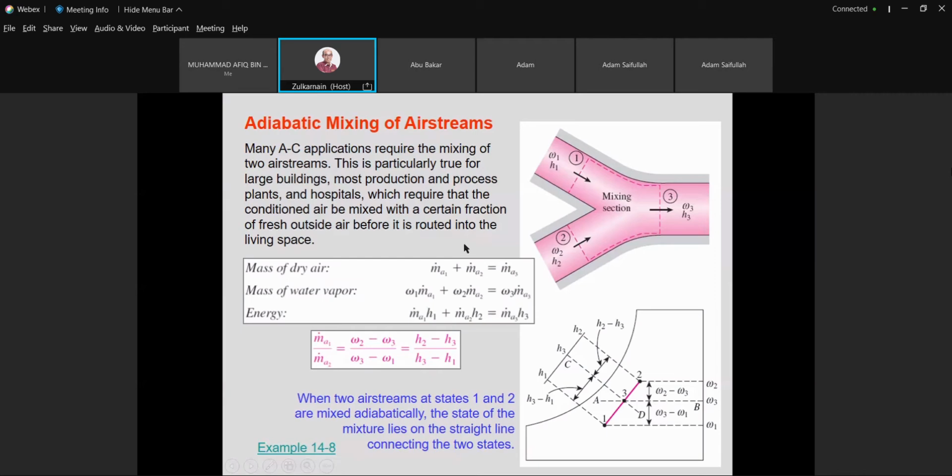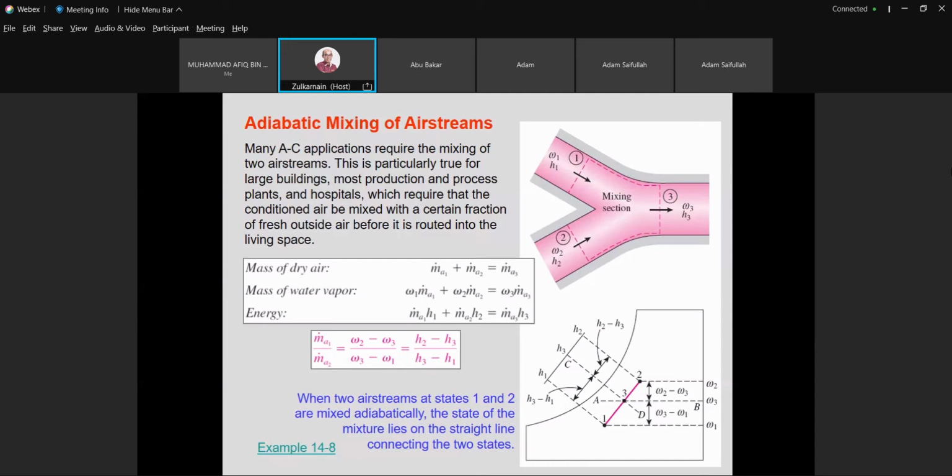Now we look at what we call the adiabatic mixing of air streams. This is the actual condition happening in an aircon system.